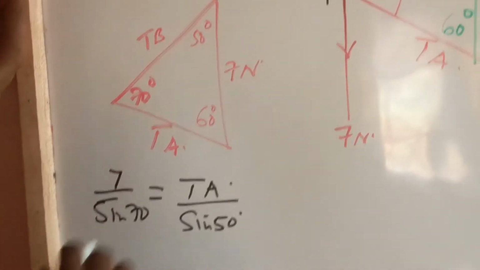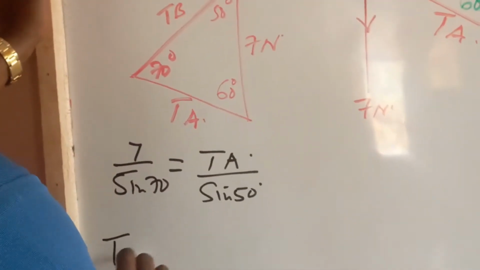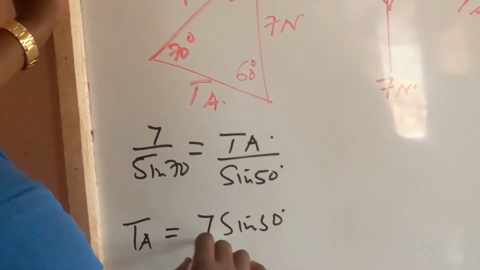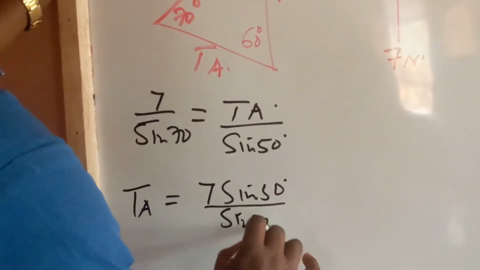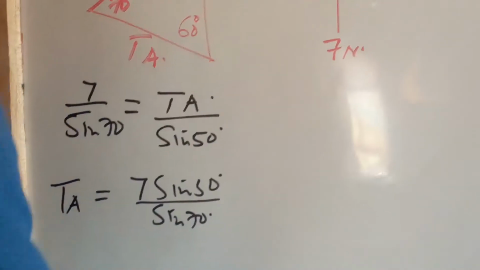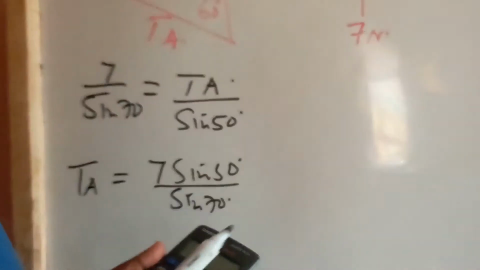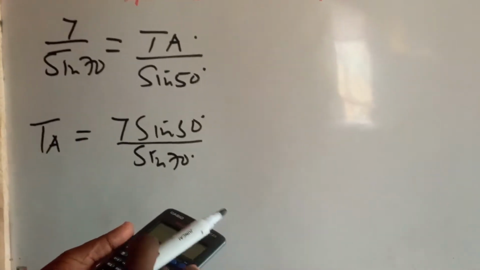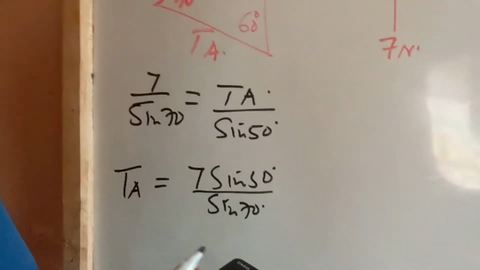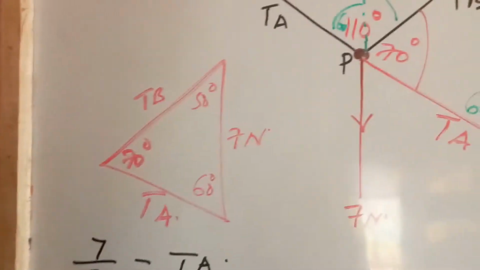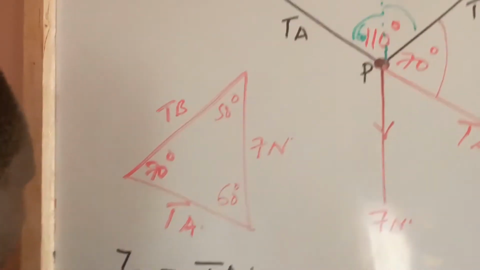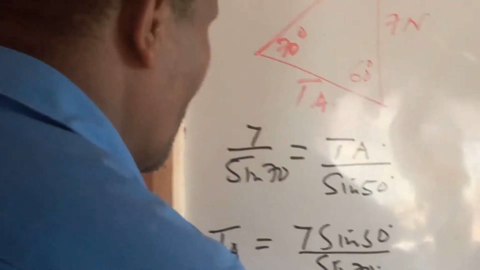If you use this, we can make the tension of A the subject of the formula, which is 7 sine 50, everything divided by sine 70. That is 7 times the sine of 50 degrees, everything divided by the sine of 70, and the answer is 5.71. So the tension of A is 5.71 newtons.